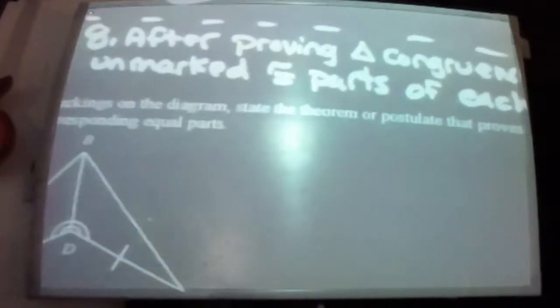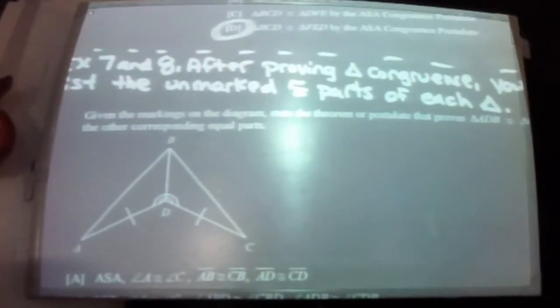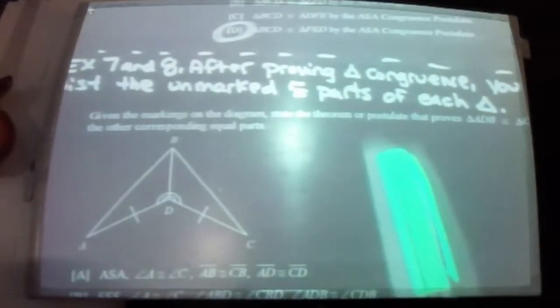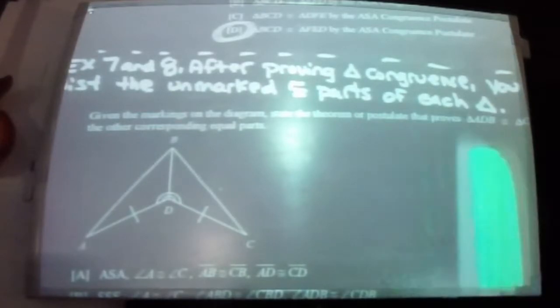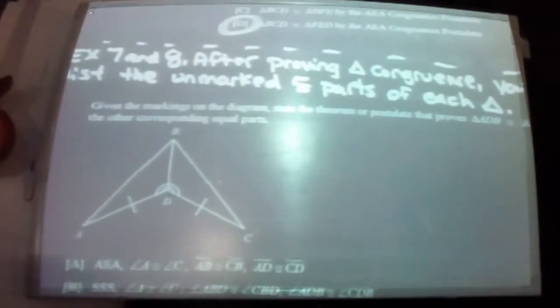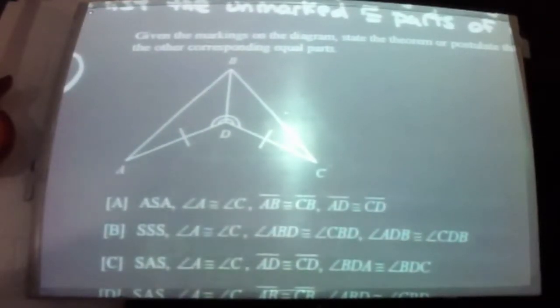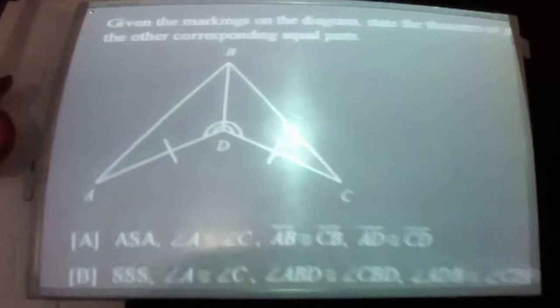All right, these last two, something a little bit different about it. It says, given the markings, so we have markings this time, state the theorem or postulate that proves the triangles are congruent, then list the other corresponding parts. So when you figure out the right answer, choose the answer that says all the other parts that aren't marked as being congruent.